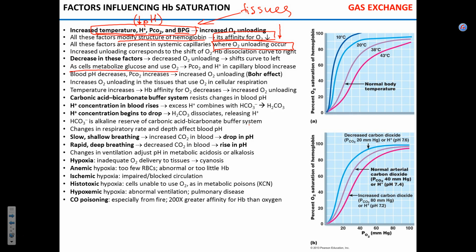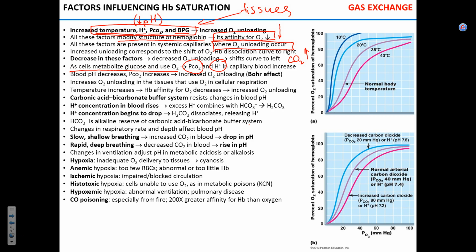The product of that respiration is carbon dioxide. So CO2 in the tissues goes up. If there is an increase in CO2, there's going to be an increase in hydrogen ion concentration. Does that make sense? So any metabolically active tissue has a higher concentration of CO2 and hydrogen ions. We're clear.